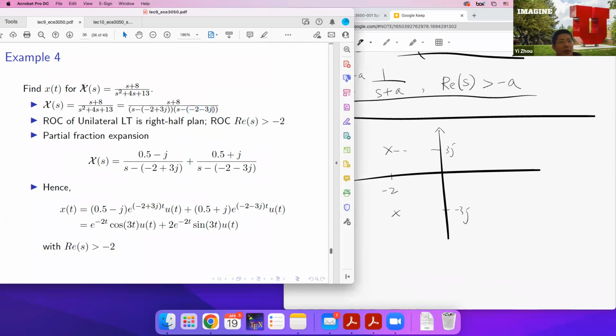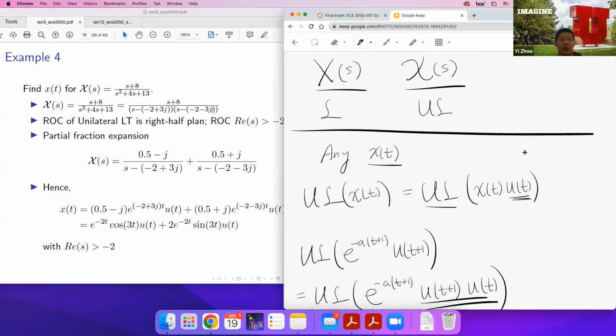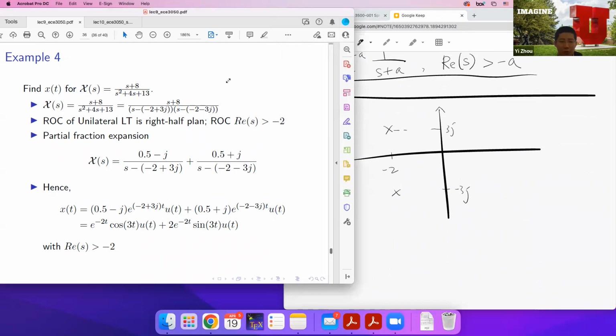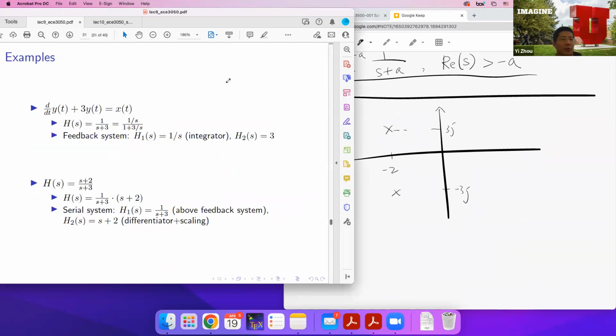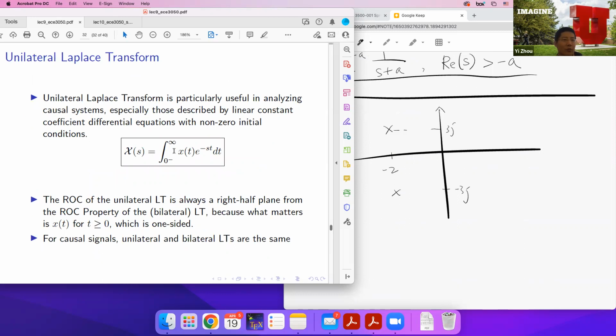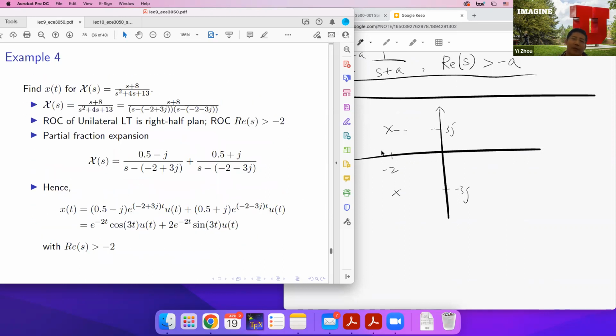And because it's a unilateral Laplace transform, we know by the fundamental property of the unilateral Laplace transform that the region of convergence must be a right-sided plane. Because by definition, the unilateral transform starts from zero, so the ROC is always right-sided.